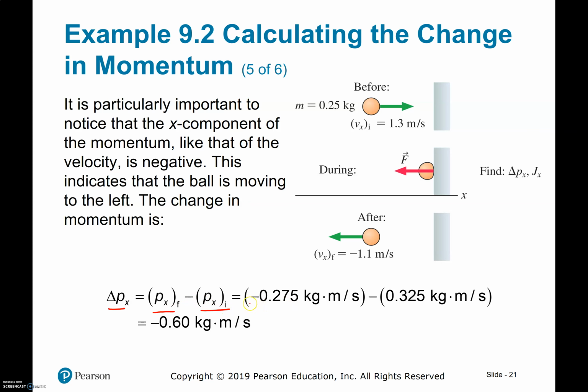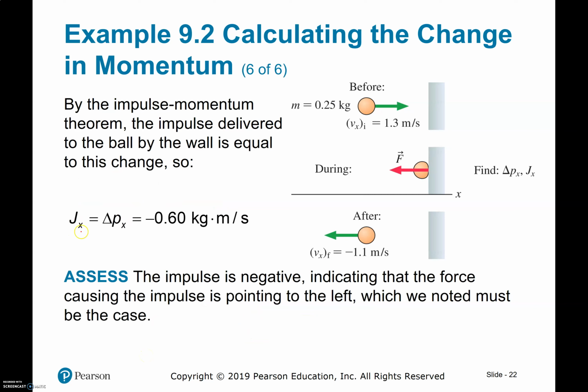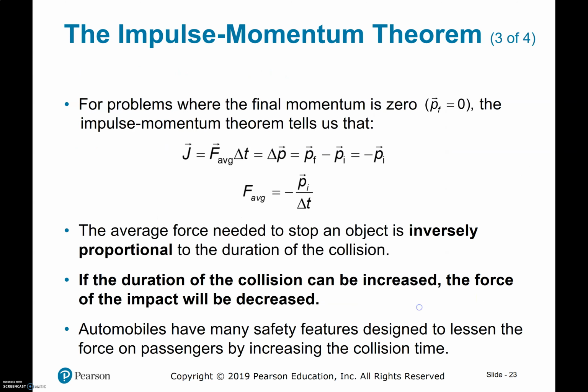So you get the final, and then you get this minus here. This minus comes from the minus in the velocity, so you get minus minus, two negatives, and they add up. And now we can calculate the impulse. The impulse is the change in momentum, which is equal to this. And so that is your impulse.